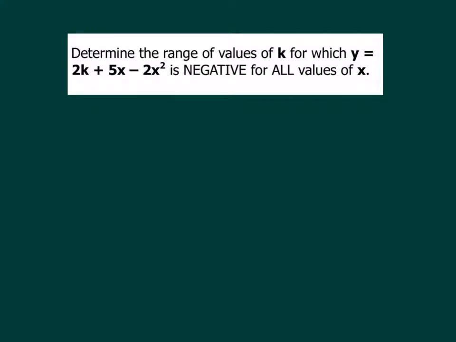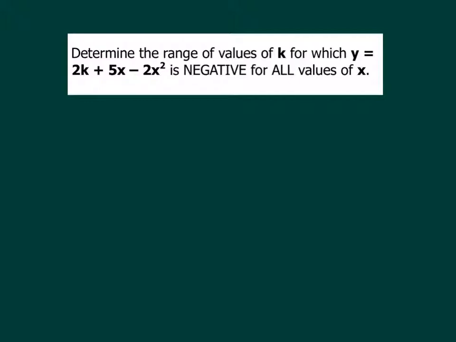So here is another application of the nature of roots of the quadratic equation. In complex examples, you won't just apply b squared minus 4ac directly without understanding the problem.